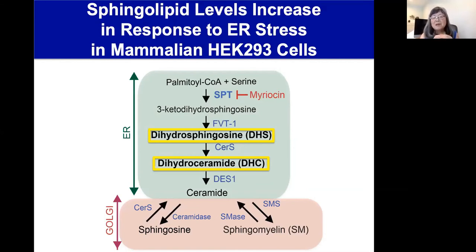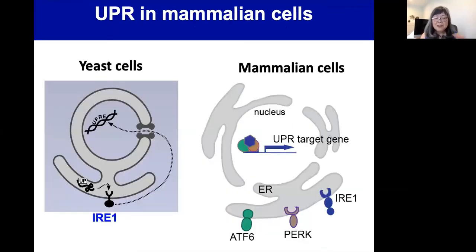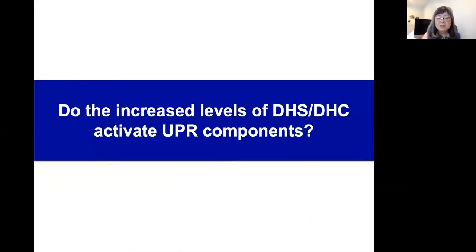But we are actually just starting to understand the mammalian cell cycle checkpoint, ERSU pathway. So while we are doing that, we thought mammalian cells actually have two extra UPR components that are not present in budding yeast cells. So we thought that maybe we should check whether the UPR pathway is altered by those sphingolipids.